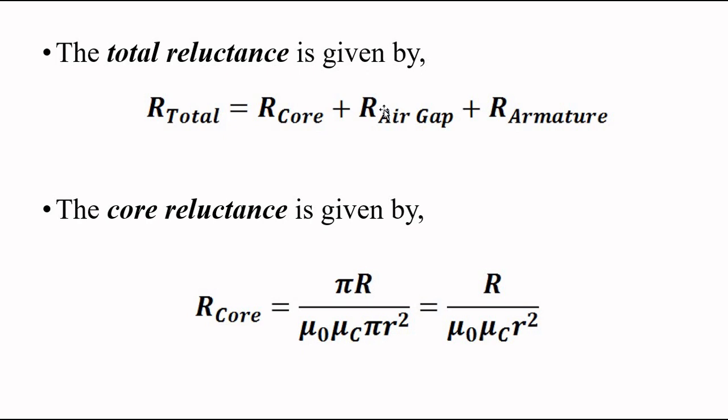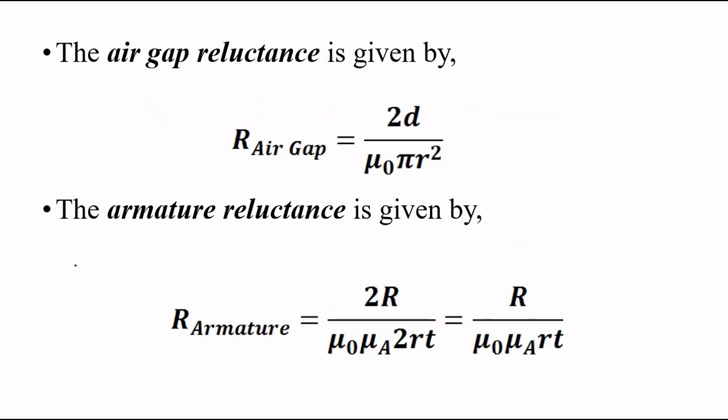Now the core reluctance is fixed because it depends on fixed parameters. I have already discussed this in the inductive sensor in detail, so I am not stretching it here. The armature reluctance is also fixed because it depends on parameters that are all constant, they cannot change.